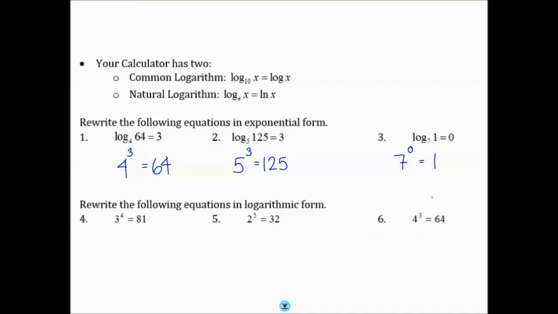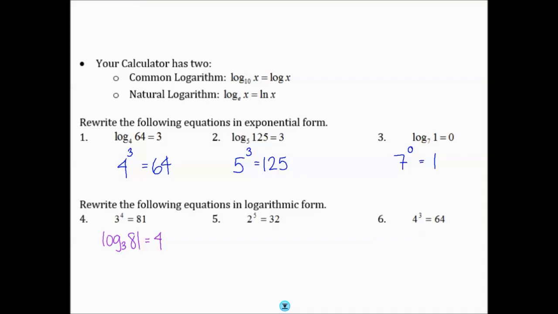Now let's try it the other way. Rewrite the following expressions or equations in logarithmic form. So we have 3 to the 4th power equals 81. So we have log, and then the base will be the same as the base of the exponent. We know it equals the exponent. So we have log base 3 of 81 equals 4.